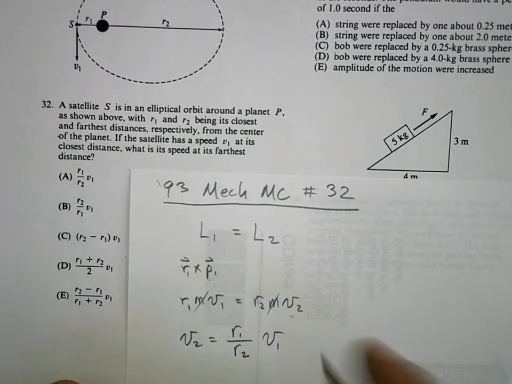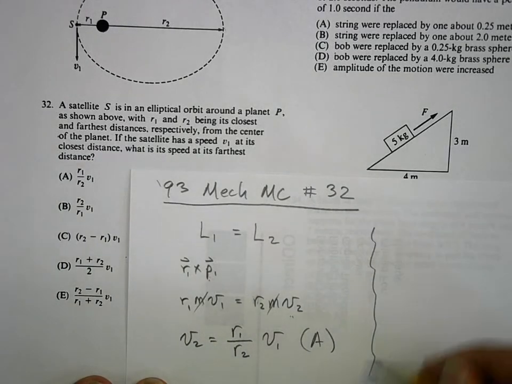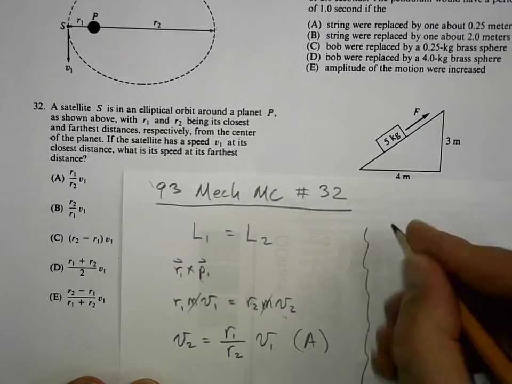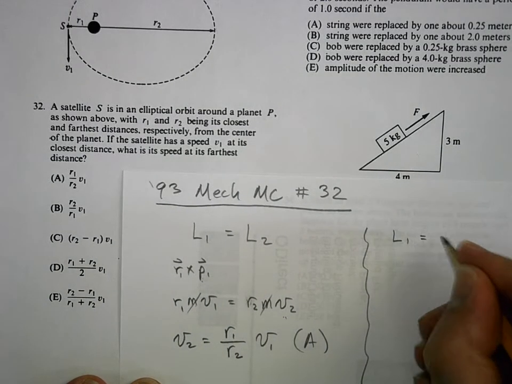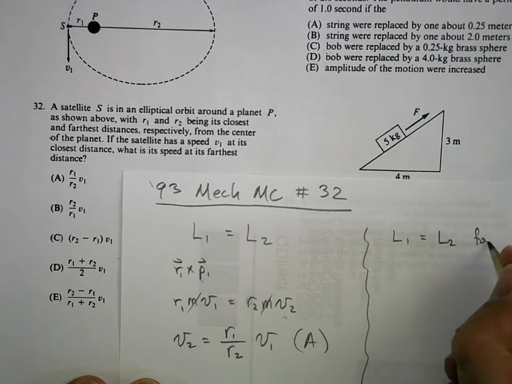All right, so this is A. Now, look. So you're doing your corrections. What's the big idea? L1 equals L2. L1 equals L2 for what? Angular momentum is conserved for a planet or a satellite, for orbits.